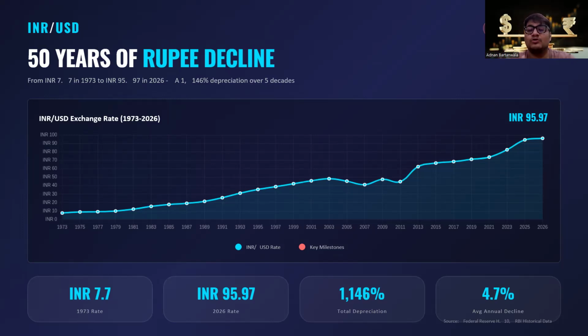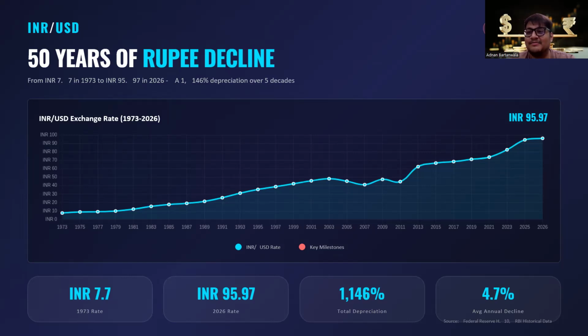Now, I want to talk about why this happens. It's a very simple principle of supply and demand. All of us have read about it in economics. Every time India buys more dollars than it earns, the rupee weakens, which is but obvious. And India buys a lot of dollars, believe me, for oil, for gold, for iPhones, for your cousin's MS in Texas.